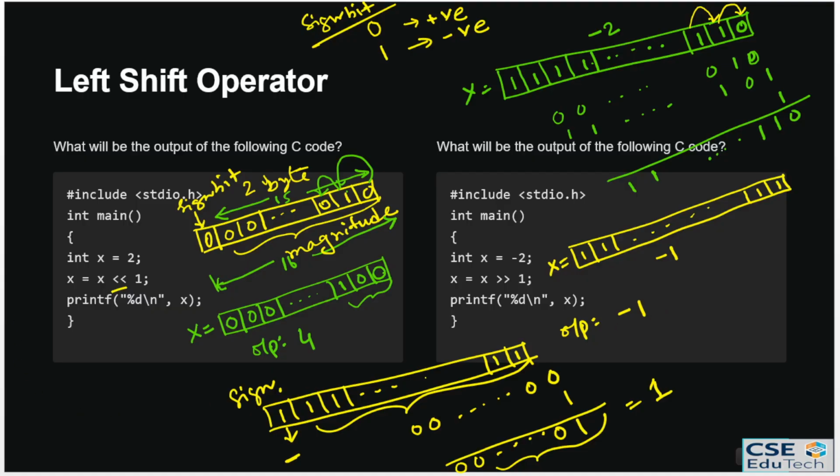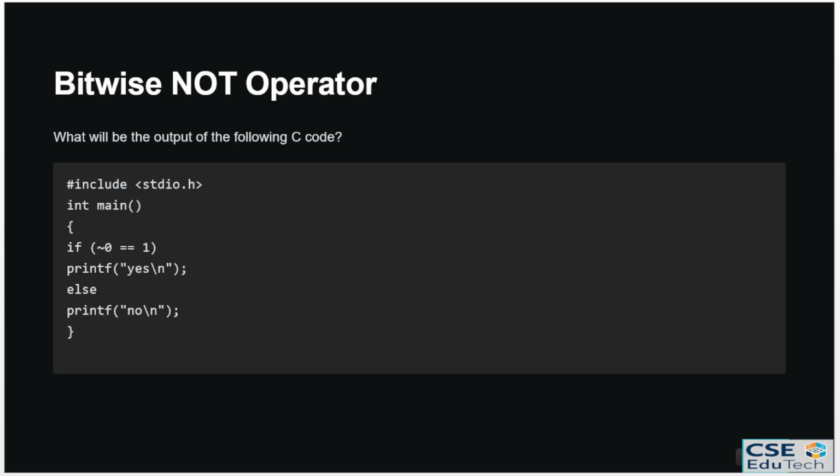Okay? Now we'll discuss bitwise NOT operations. So here, look, the complement of 0, it means the complement of 0. And the complement of 0 is always -1.